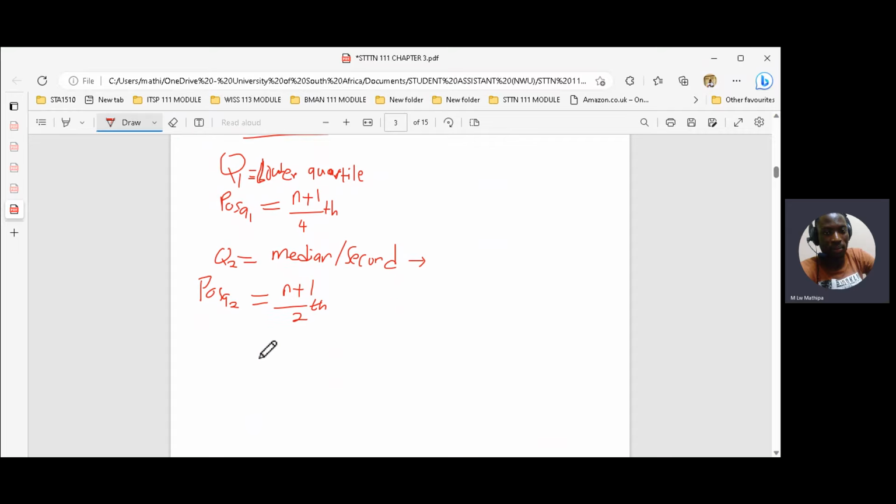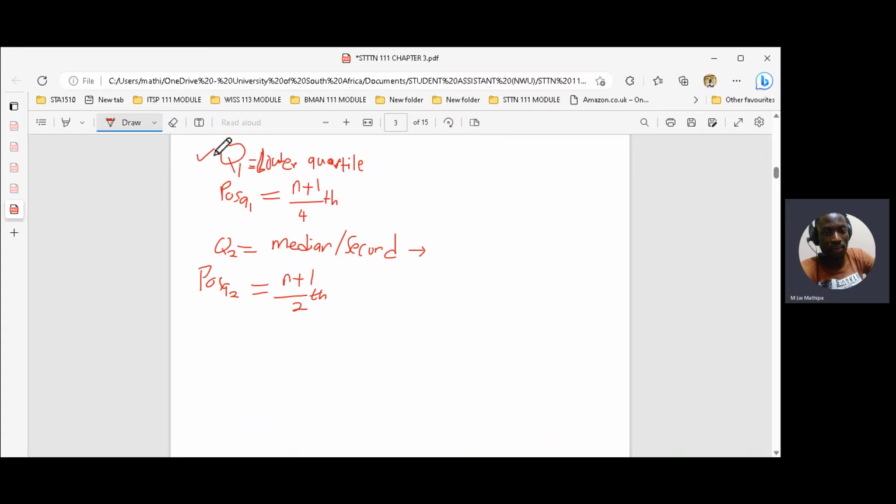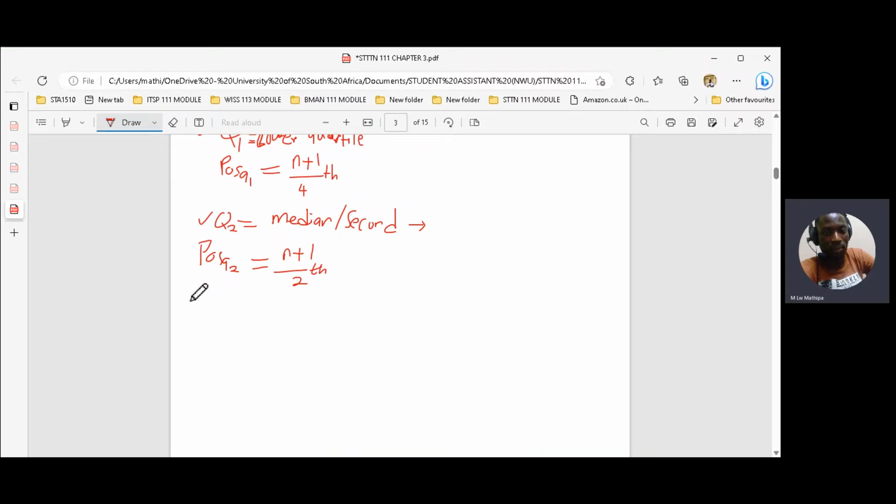Now we know the formula for the lower quartile and for Q2, the median. Let's go to Q3, which is the upper quartile, or the third quartile.